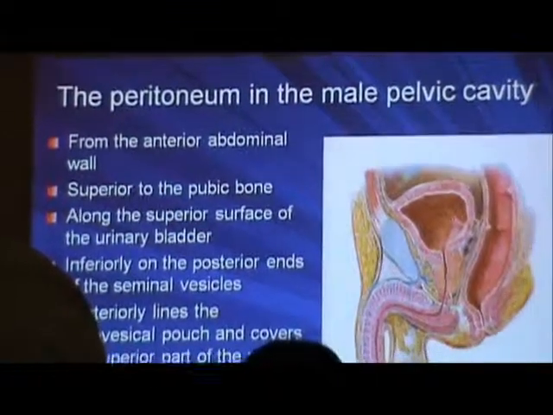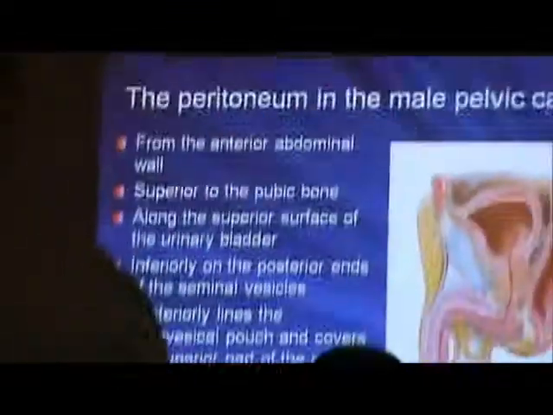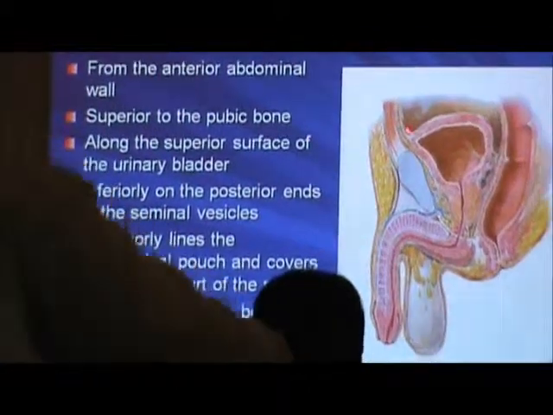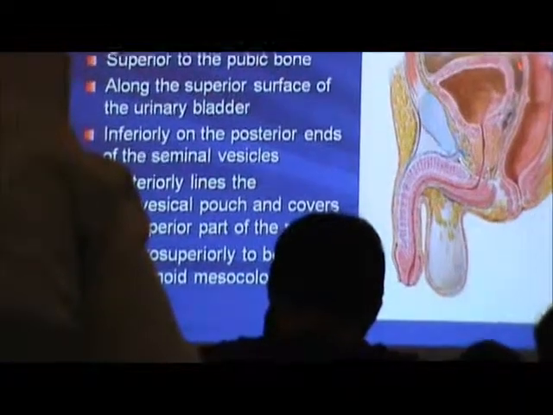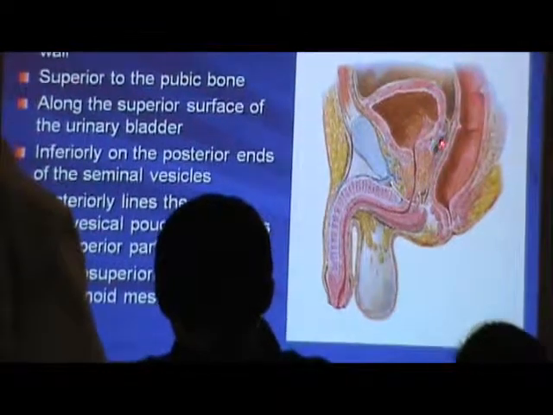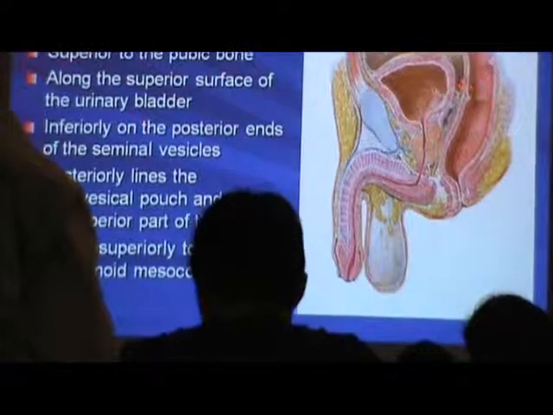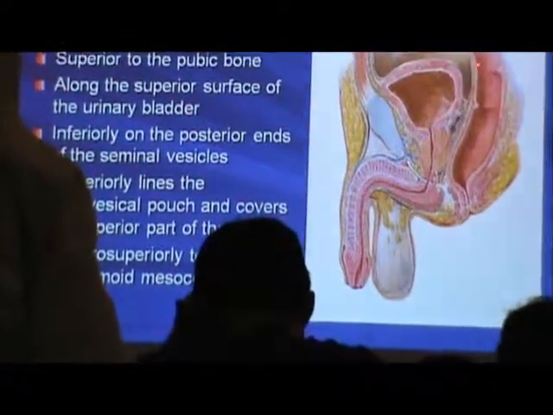In the male pelvic cavity, the peritoneum passes from the anterior abdominal wall next to the superior pubic bone, along the superior surface of the urinary bladder, inferiorly on the posterior ends of the seminal vesicles, and posteriorly lines the rectovesical pouch and covers the superior part of the rectum.